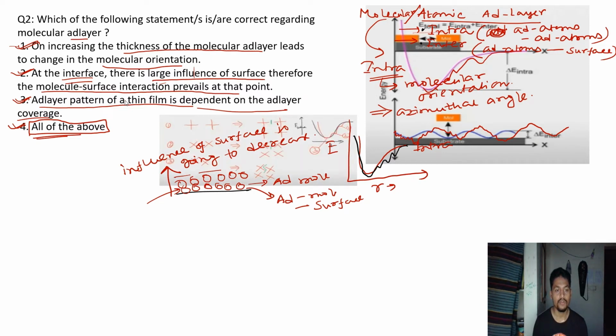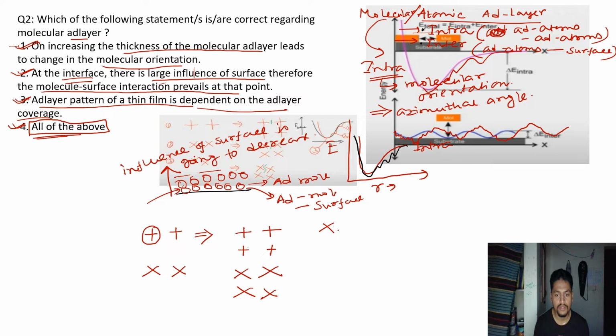I was talking about the orientation, right? So these are the orientations. Let's say this is my molecular state, so this is my molecule. It can arrange like this, and also it can arrange like this, and also it can be like a bit of this.